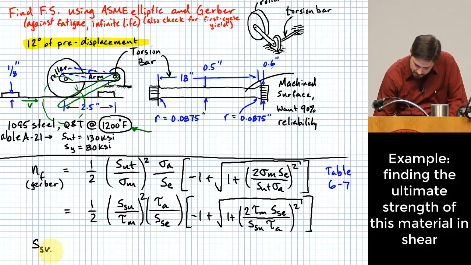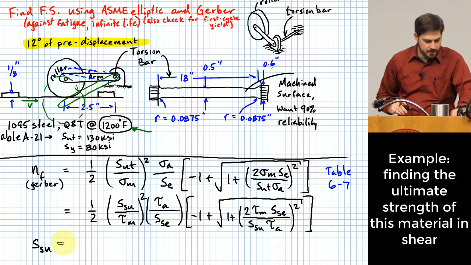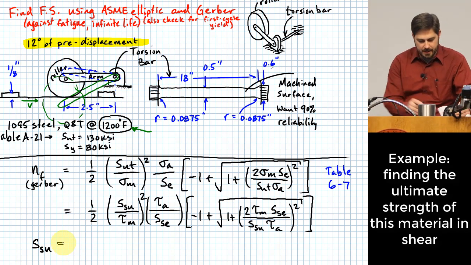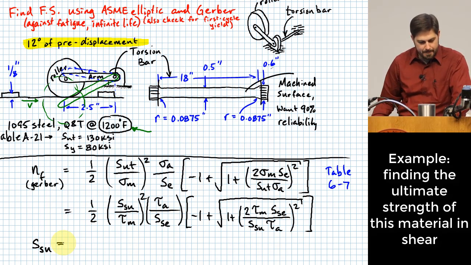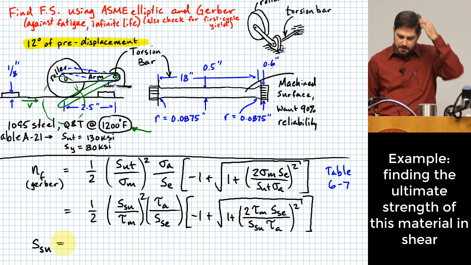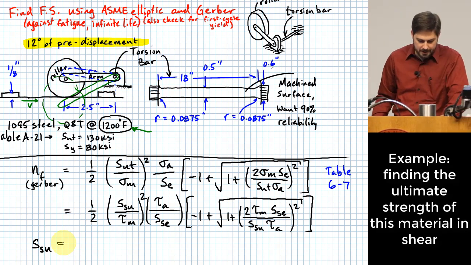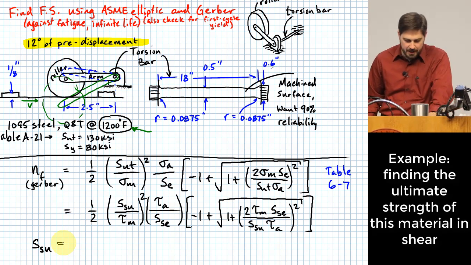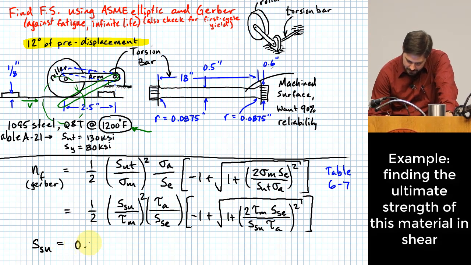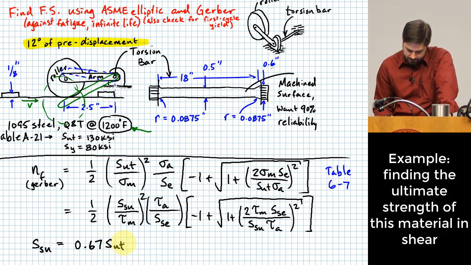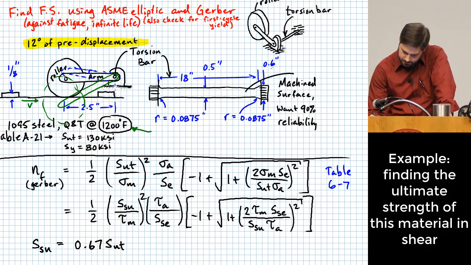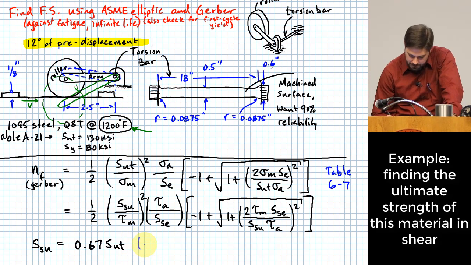S sub SU, it says here in section, find it here real quick. In section 6-13, equation 6-54, it says S sub SU can be estimated as 0.67 times S sub UT. This is on page 325.